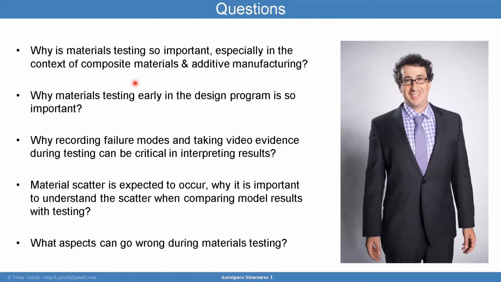But there are a lot of times where some people do not record the failure mode and say the testing failed at the grips, and if you didn't know that, that could be a hit to the scatter in the data, and then you're going to design to an even lower allowable.